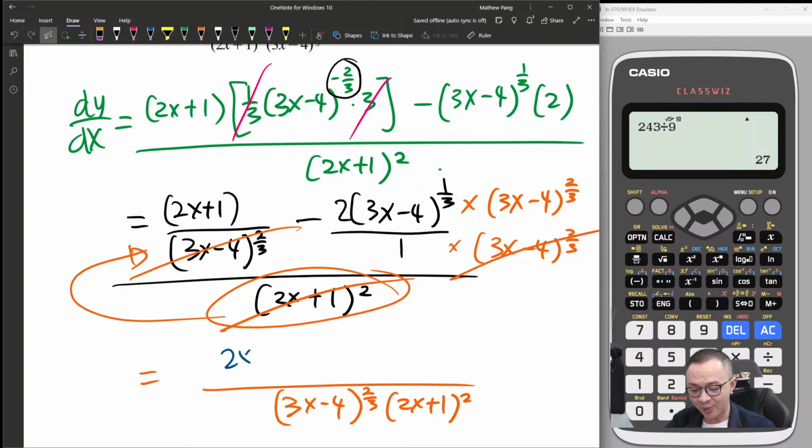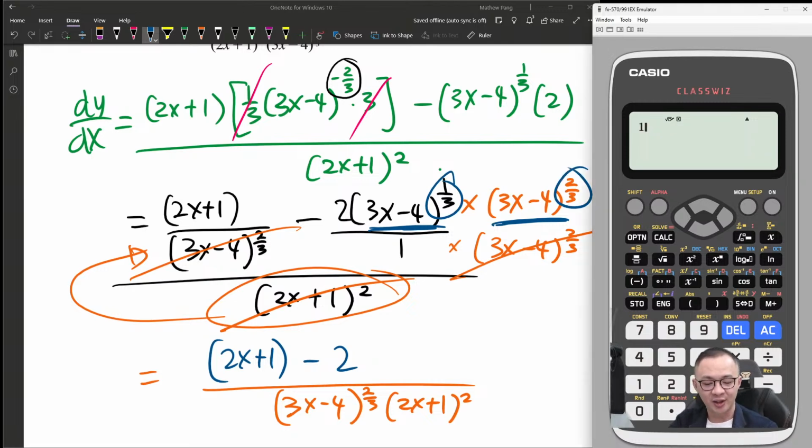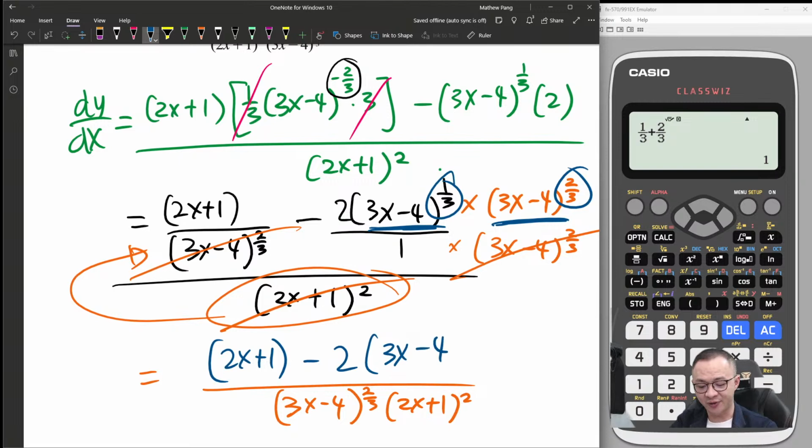So this one is 2x plus 1 minus 2. Okay, you see, both of these are the same thing, isn't it? So power 1 over 3 plus 2 over 3, you should know is equal to 1, isn't it? So that means I will get (3x minus 4) power 1.